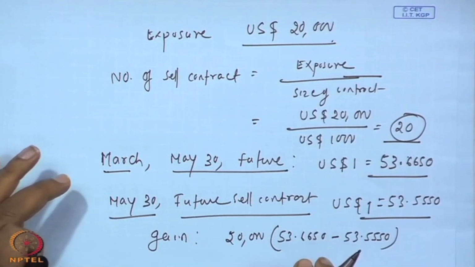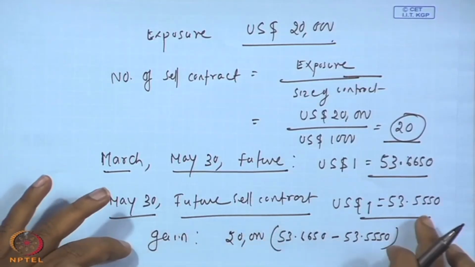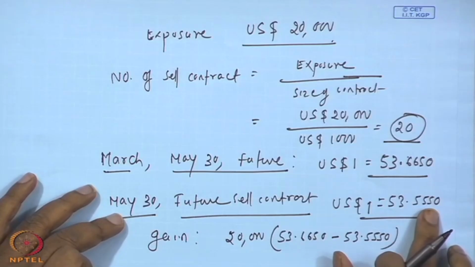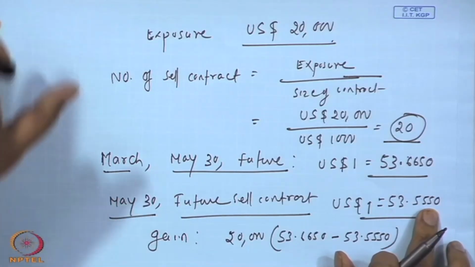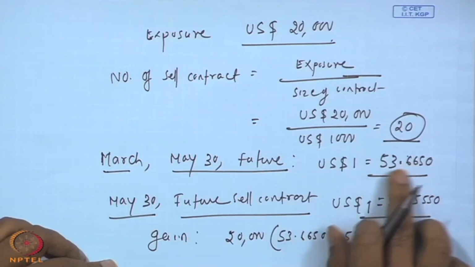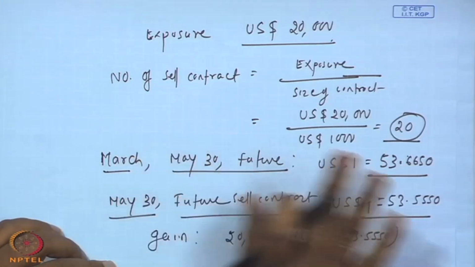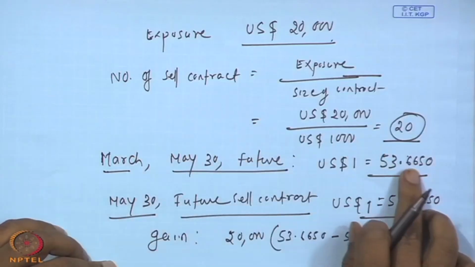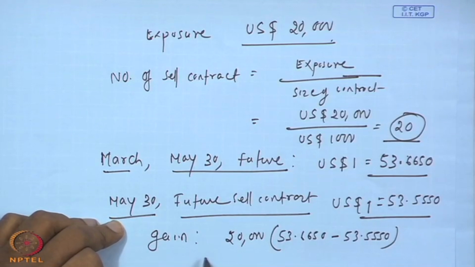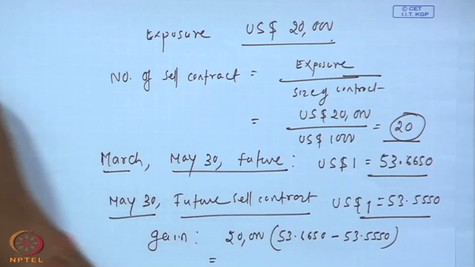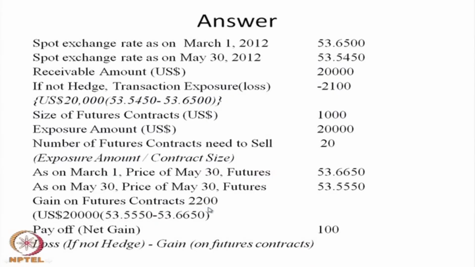Even though a dollar is 53.550 in the future market, since he purchased the future during the month of March at the rate of 53.6650, his position is immune, and the exchange will provide him 53.6650, not 53.550. So the gain will be 2200 Indian rupees.